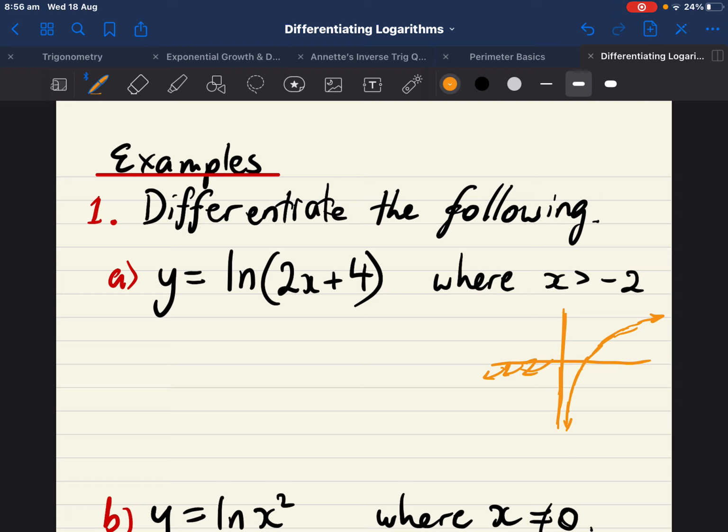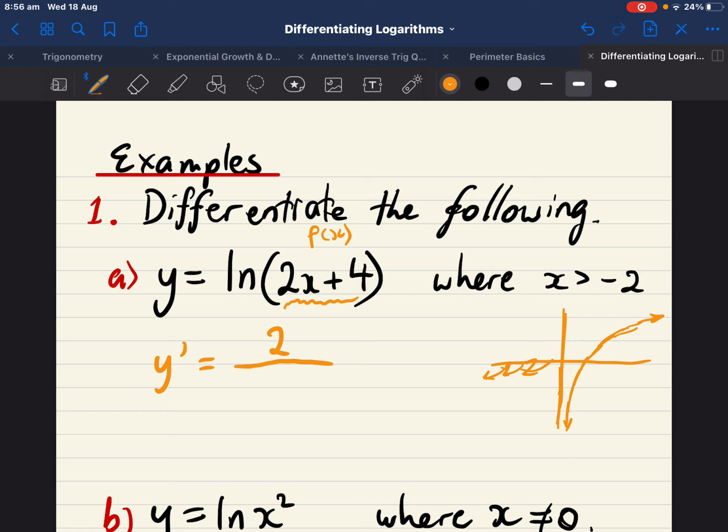All right, so how do we differentiate? If we differentiate y, whether you call it dy dx or just y dash, it does not matter. The log disappears and it just becomes a fraction. On top of the fraction will be the derivative of f of x. This is our f of x here, so we just differentiate what's inside the brackets, which just becomes a 2.